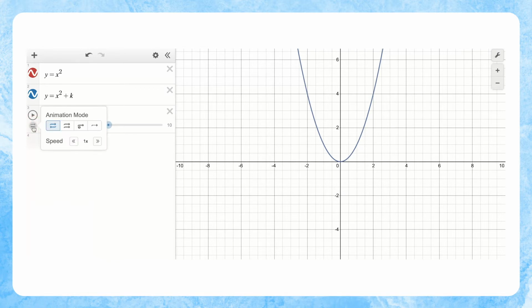So let me first set it at 0 and let me adjust the speed. And now I want you guys to focus on what happens as k gets larger. So as k becomes more positive and as k becomes more negative. What happens to the parabola? Sit back, relax, and observe.